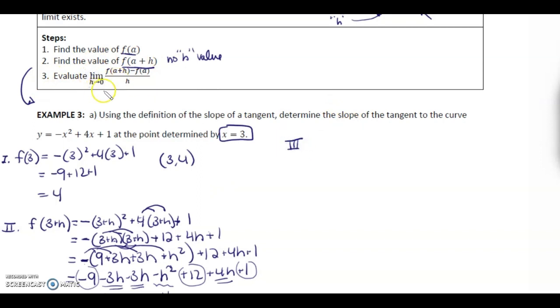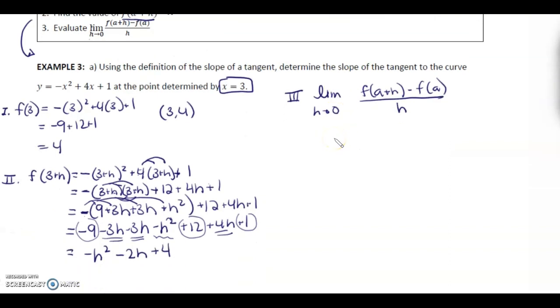The limit as h approaches 0 of f at a plus h minus f at a, all over h. So we want to write out the limit, and this is tedious, as h approaches 0. So let's sub in. f at a plus h is going to be negative h squared minus 2h plus 4.